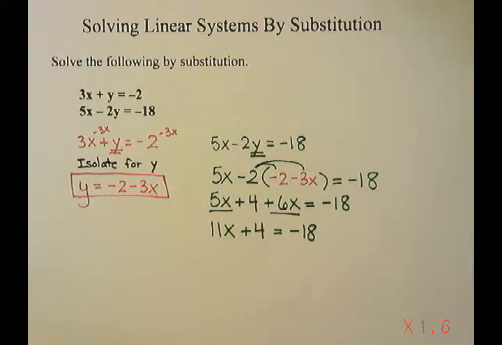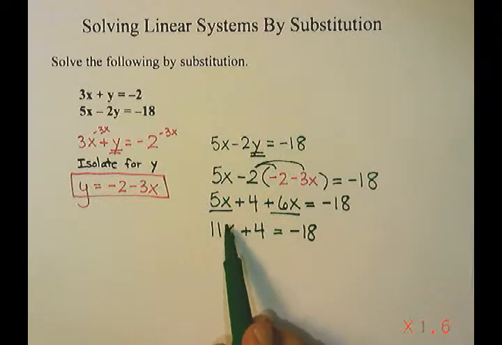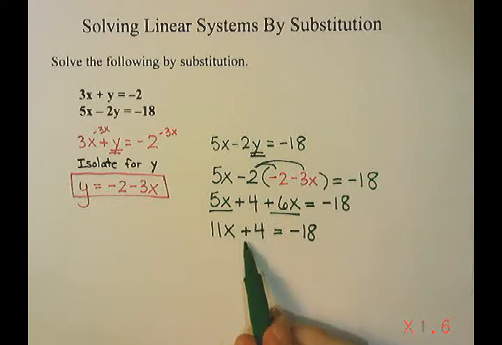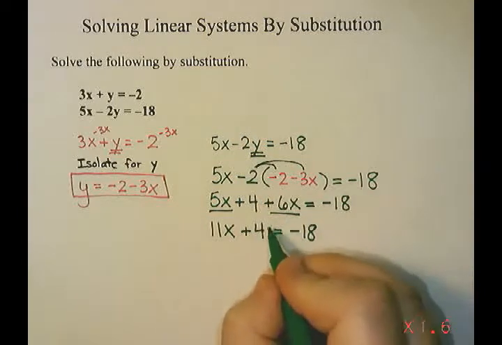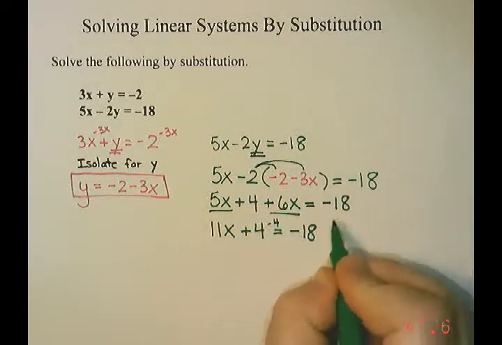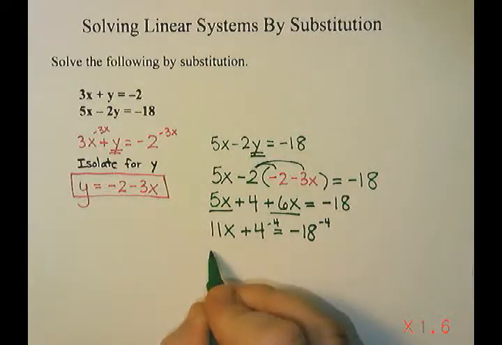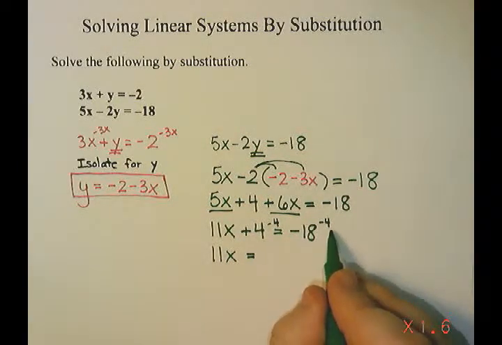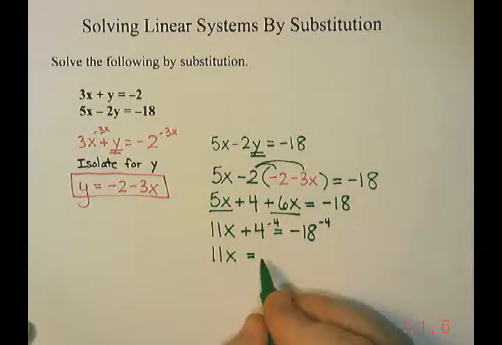So this is just an equation now to solve. I want to isolate the x and get everything to the other side. So we're going to start by eliminating that +4 by subtracting 4. So I get 11x equals -18 take away 4 is -22.